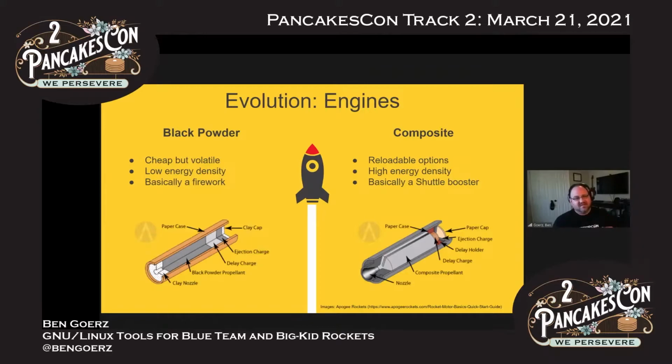The casings that are reloadable can typically cost 50 to $100, and I don't want to worry about having to lose that if my launch goes a little wrong. So for an extra dollar or two, I'll get one that's fully one-time use and then just throw it away afterward. But the main advantage is higher energy density, and they're more stable, so you can build bigger motors.